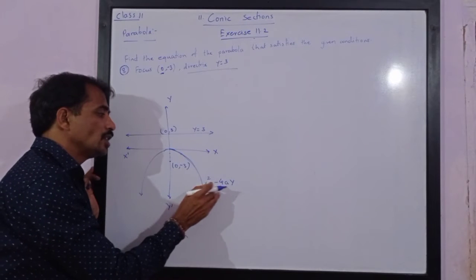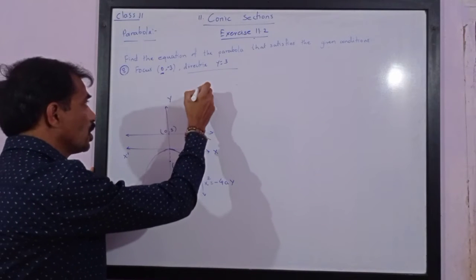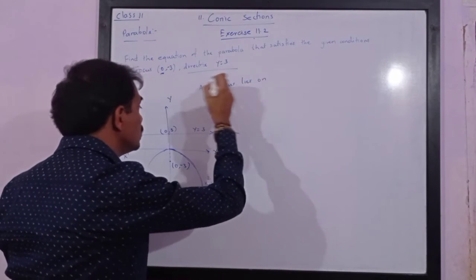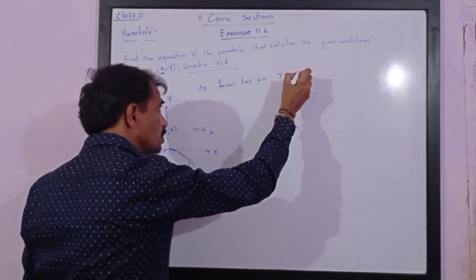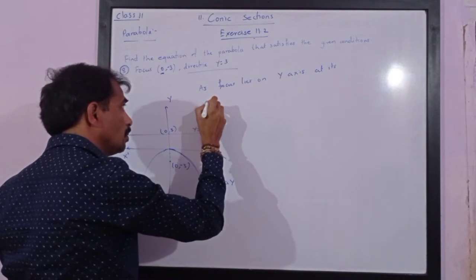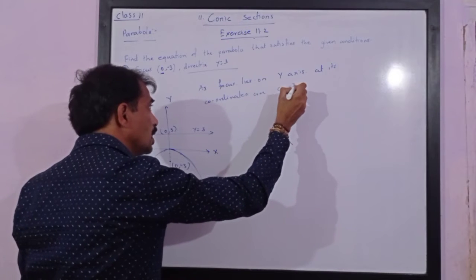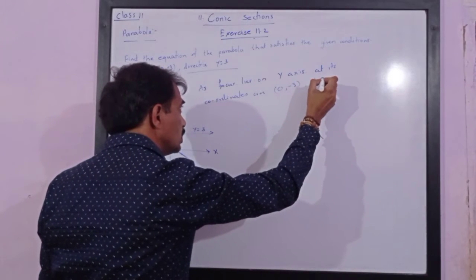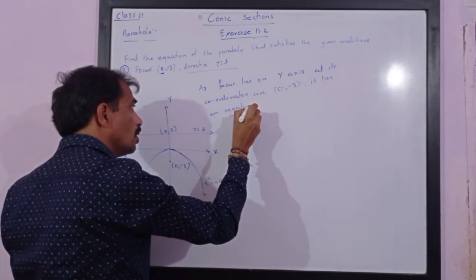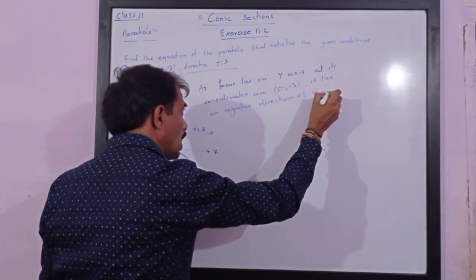So here the equation is of the form x square is equal to minus 4ay, since the focus lies on the y-axis and its coordinates are (0, minus 3), it lies on the negative direction of the y-axis.